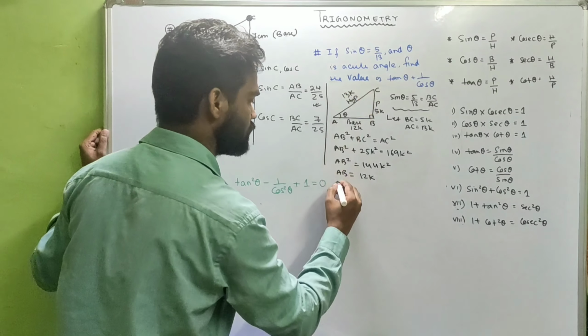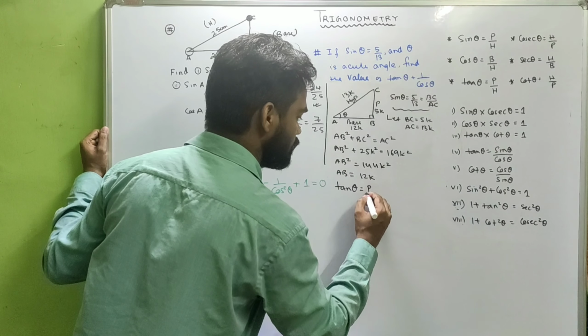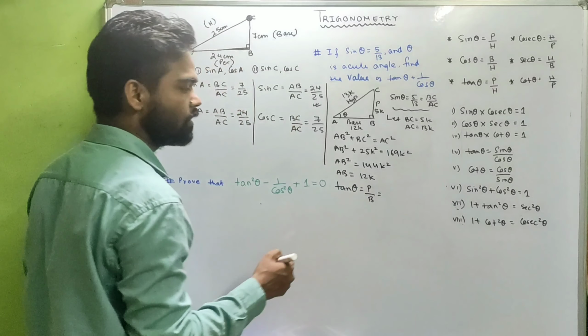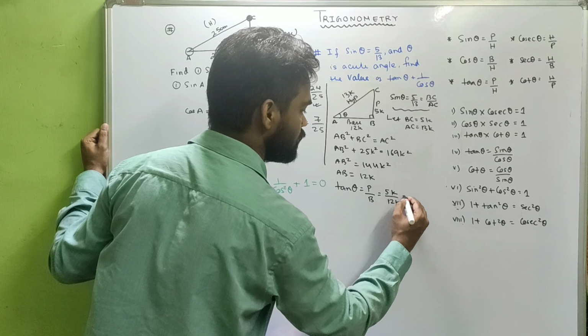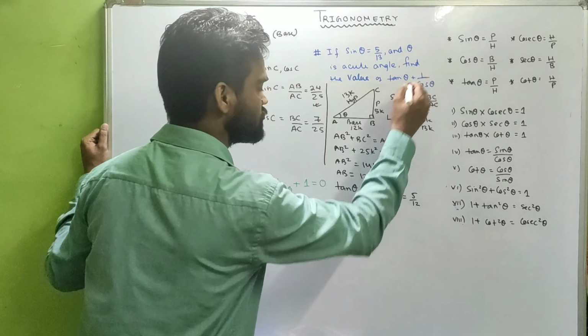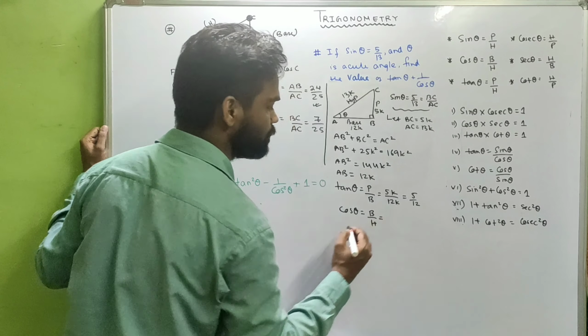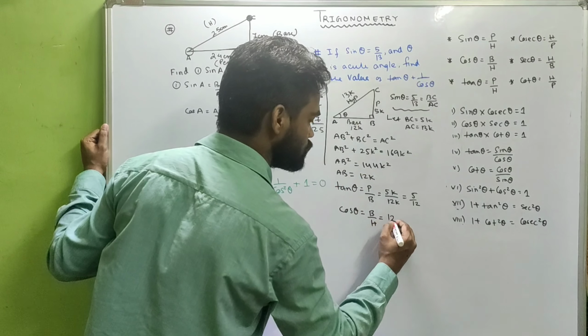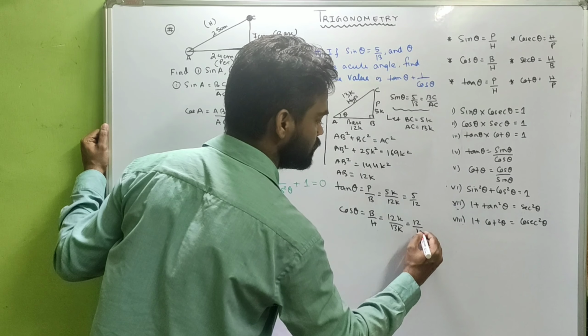Now look carefully. Tan theta is nothing but perpendicular by base, which is 5K by 12K, which is 5 by 12. Similarly, cos theta is base by hypotenuse, base is 12K, hypotenuse is 13K, that's 12 by 13.